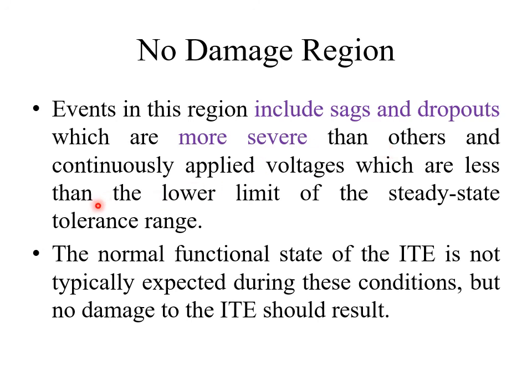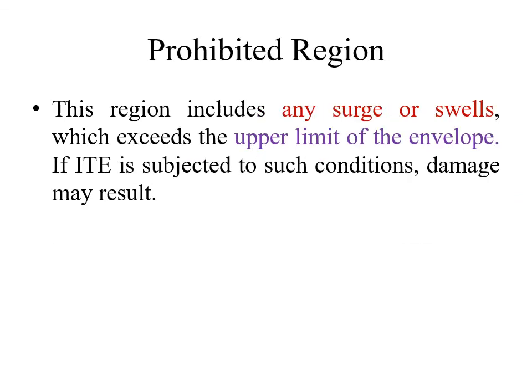So that it is less than the lower limit of the steady state tolerance range. Okay, and prohibited region includes surge or swell which exceeds the upper limit of the envelope, and if ITE is subjected to such conditions, then damage will be the result. Okay, or the appliances will be spoiled.